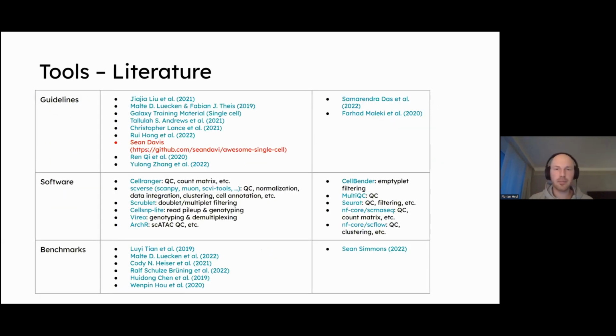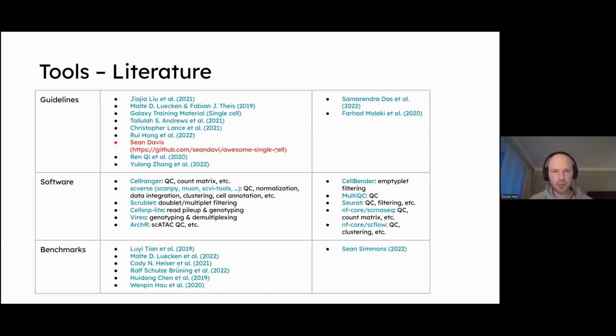And the last slide I just want to mention. So here's a big list of literature, which I already had in the presentation, but there is also more literature in here for guidelines. Meaning it's a paper where you have a list of tools or descriptions of how to do your single-cell data analysis.